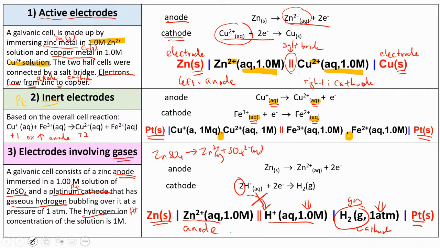Another one, I will go back to the inert electrode. Students also like to ask, should I write Cu+ first or Cu2+ first? Now this one is up to you, because whether you write Cu2+ and Cu+ or Cu+ and Cu2+, the answer is acceptable. It will be the same. But I would prefer that you show that at the anode, which is oxidation, +1 becomes +2.